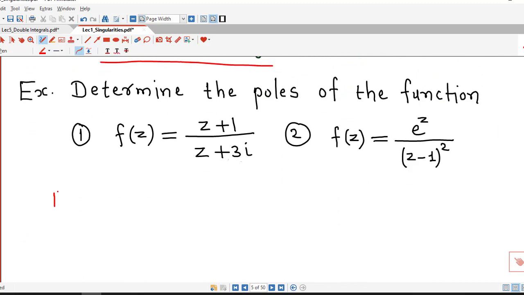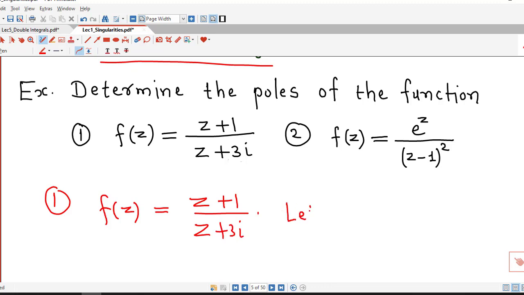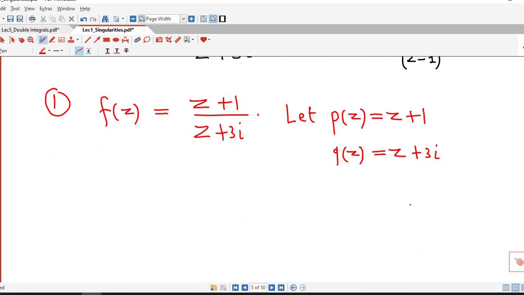So we consider first one, f of z is z plus 1 over z plus 3i. Suppose p of z is z plus 1 and q of z is z plus 3i. Now q of z is 0 at z equal to minus 3i.